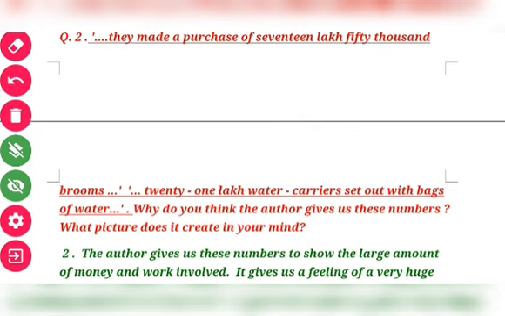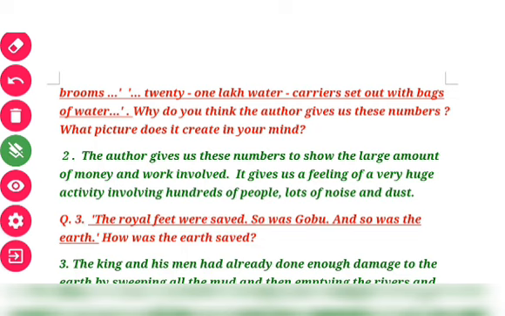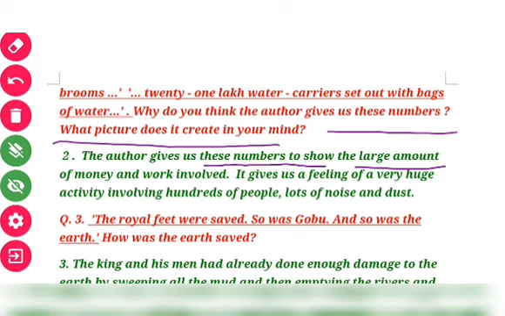Why do you think the author gives us these numbers? What picture does it create in our mind? It is very clear that he gives us these numbers to show the large amount of money and work involved.